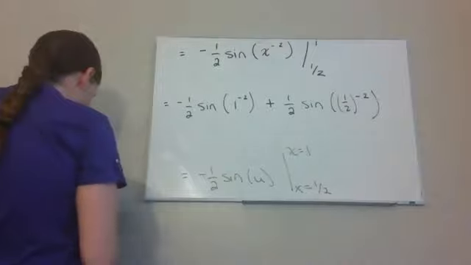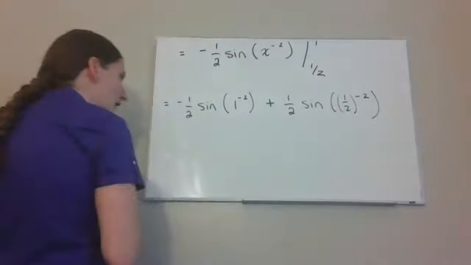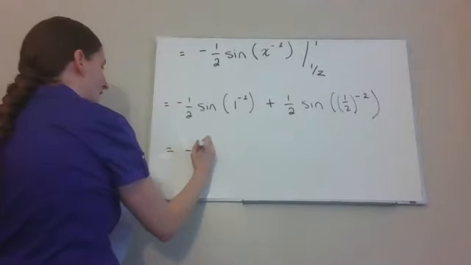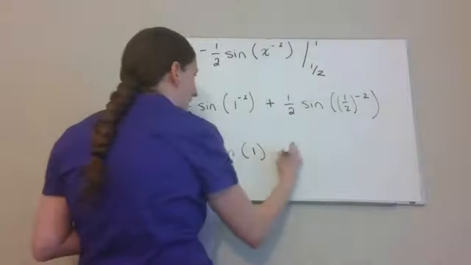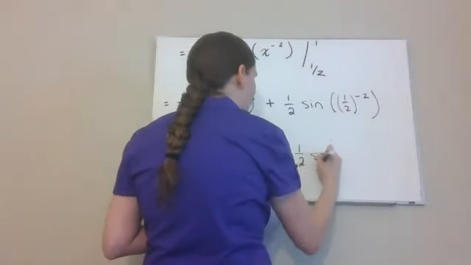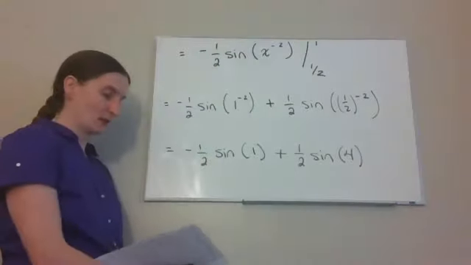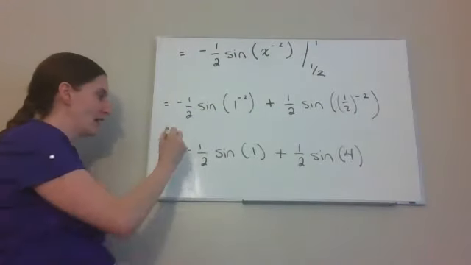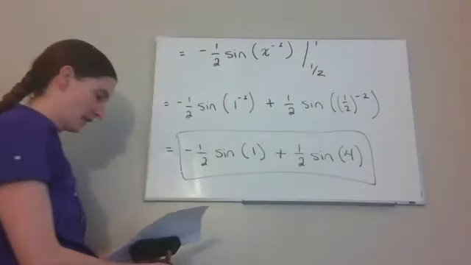And I can't really simplify this too much because we don't know what sine of those values are, but we can at least write this as a negative 1/2 sine of 1 and a positive 1/2 sine of 4 by just simplifying those exponents inside. And this is my final answer.